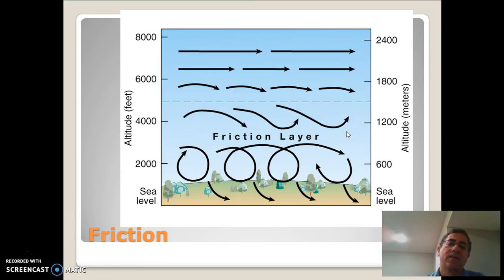And the last of the three factors that I wanted to talk about is friction. Friction tends to slow down wind near the surface. High elevation winds can travel faster because they have little to no friction.